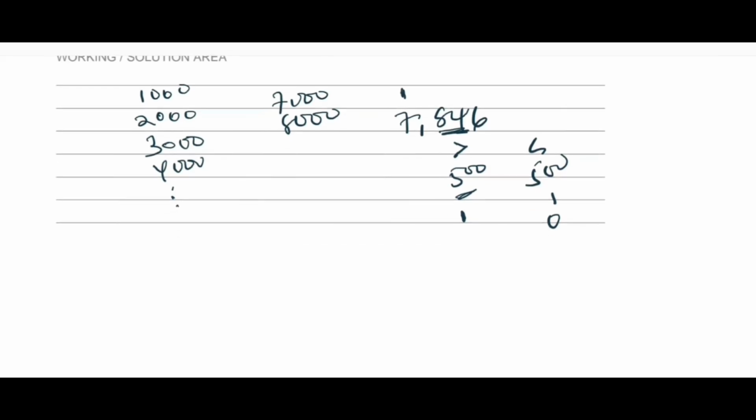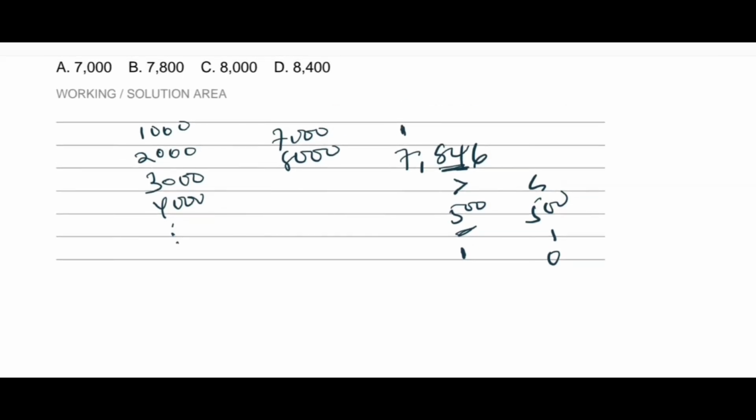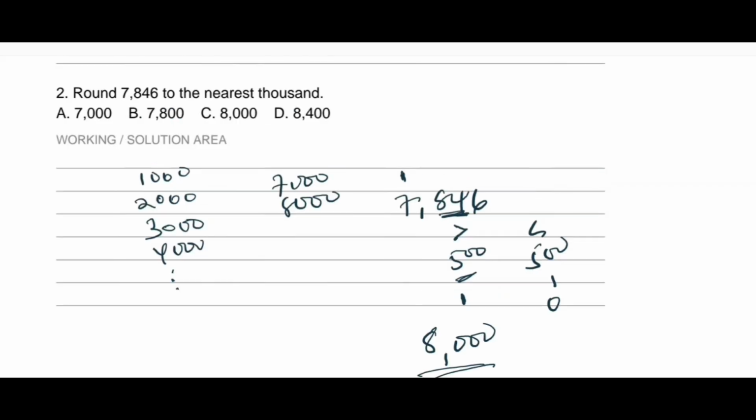So for this particular question, the number following the 7,000 is 846. 846 is greater than 500, so you round it to 1. Do you understand? And you add that 1 to the 7. So you are going to get 8,000. For this question, the answer is C.